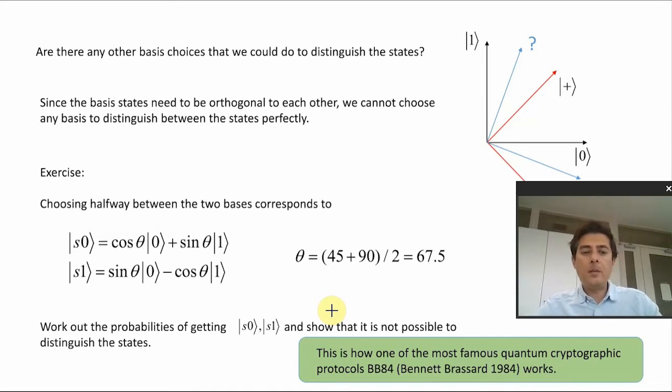An interesting application of this idea, which we might do later in this course, depending on how much time we have, is that you can perform quantum cryptographic protocols. There's a famous cryptographic protocol called the BB84 protocol, named after the inventors of the protocol, Bennett and Brassard.